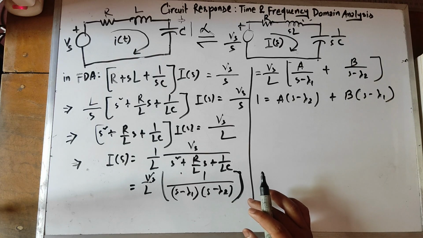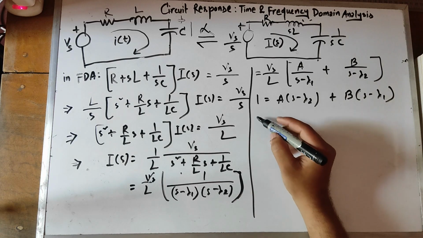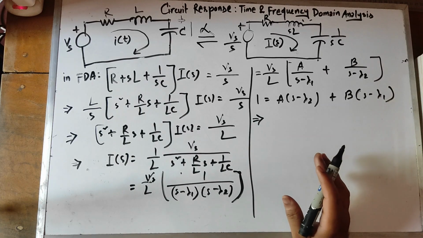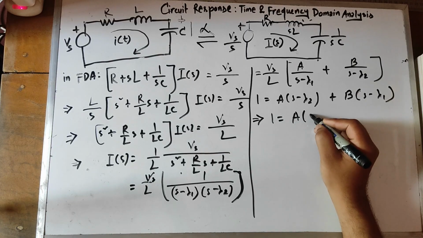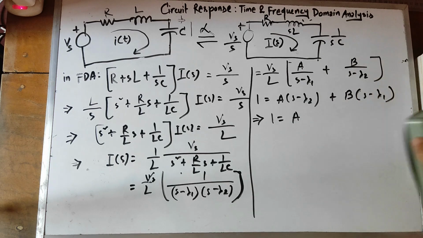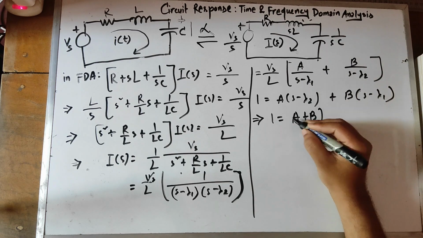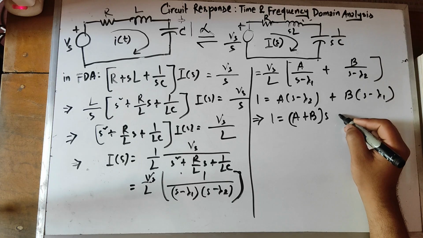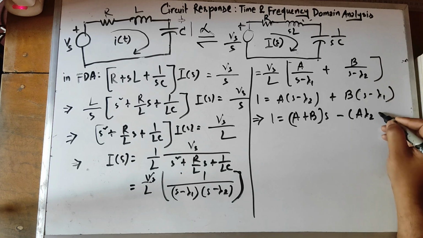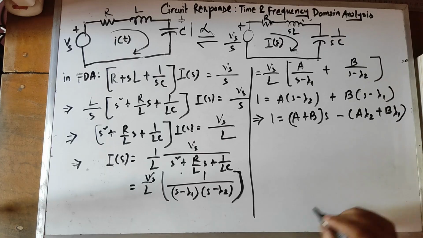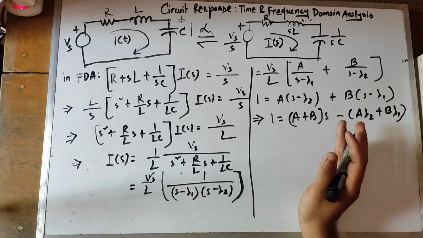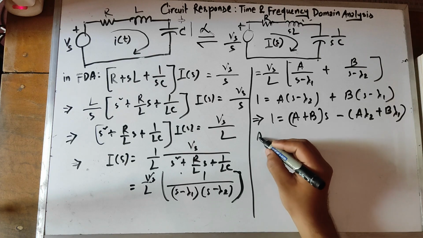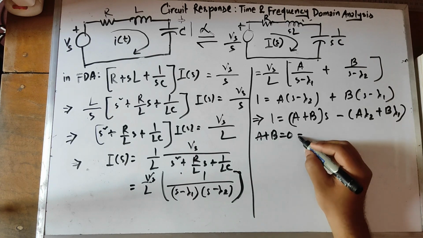I hope you understand what I have done. So here it is A plus B into S minus A lambda 2 plus B lambda 1. Now if we equate the coefficients on both the left hand side and right hand side, it will give us A plus B equals 0.